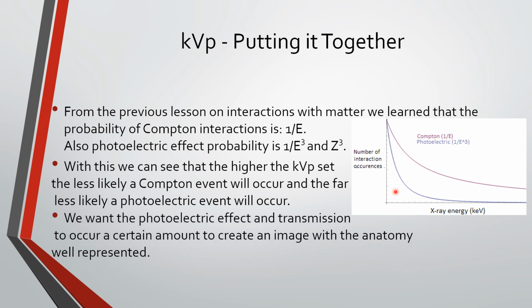And we want the photoelectric effect to occur because that's the absorption event. We want absorption of the beam and transmission of the beam to create that contrast where the anatomy is well represented. Okay, we need a certain amount of transmission and absorption events to create the brightness that's ideal for diagnosis. Okay, and also for Compton, also for contrast.